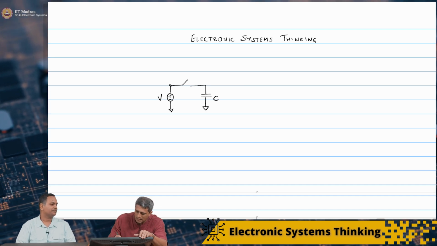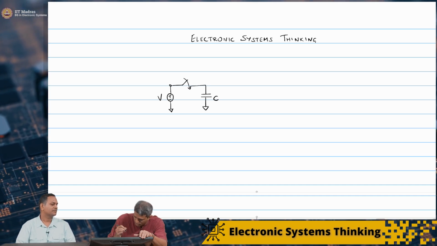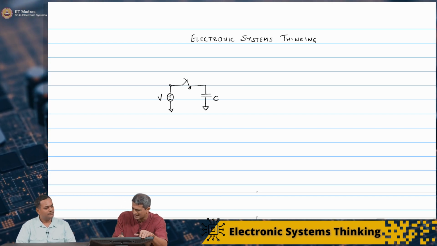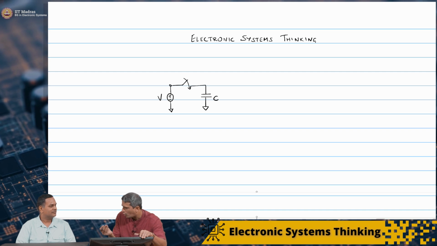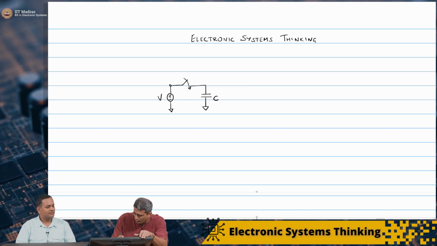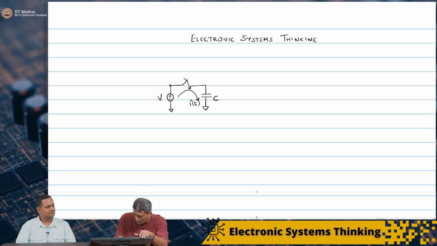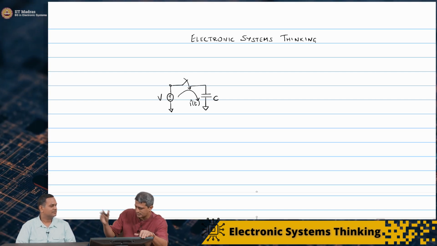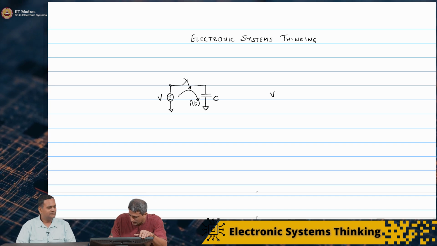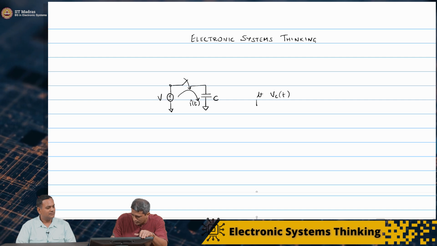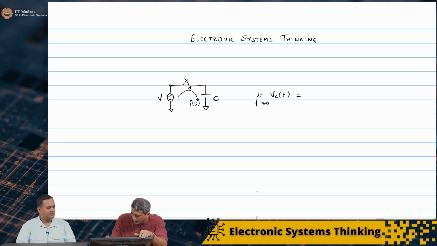Now I'm going to close this switch. We of course discussed that this has some finite small on resistance, and therefore you would have a transient current I of t, and I of t goes to 0 as t tends to infinity, and the Vc of t, as t tends to infinity, will go to V.